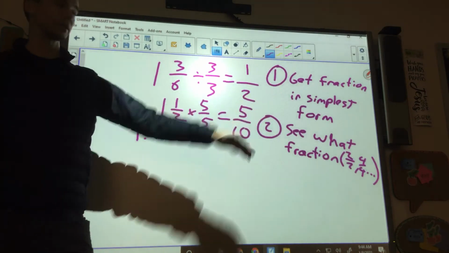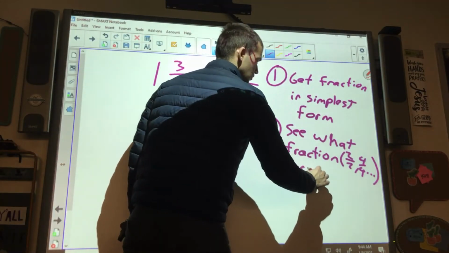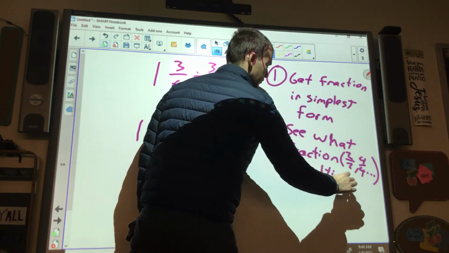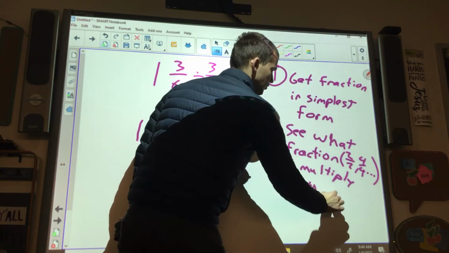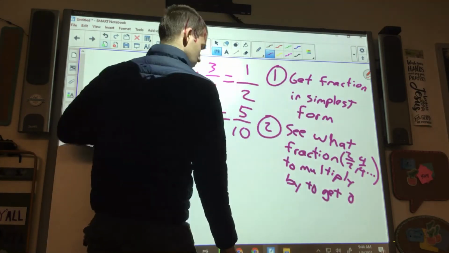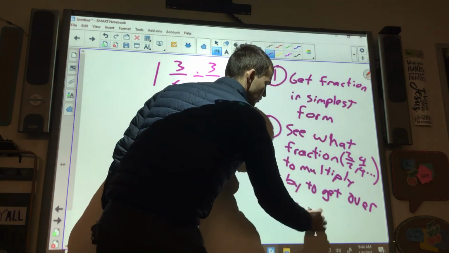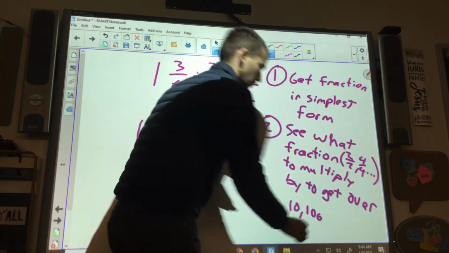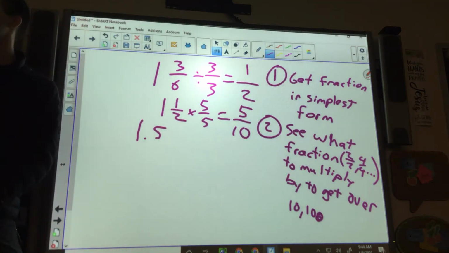That's what the dot dot dot means. See what fraction to multiply by to get the right answer over 10 or 100. Sorry, this would be 100. 10 over 100. I don't think you're going to have any answers over 1,000 right now.